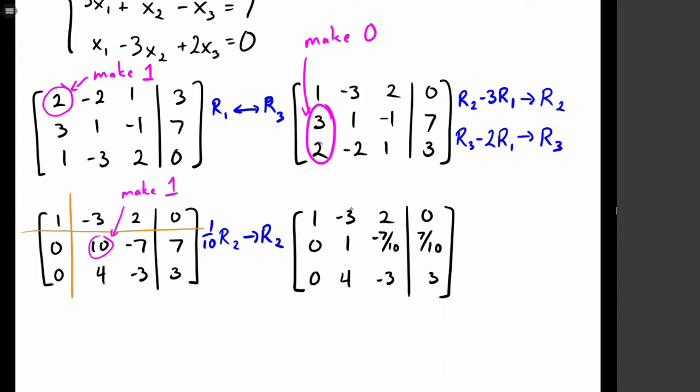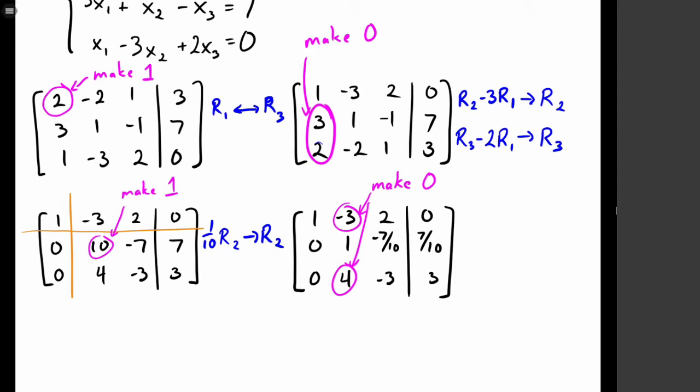Right? Now that means the next step is we want to make these 0. Because again, once we get our leading 1, everything else in the column has to be made into 0. So, how do we do that? Well, to get the zeros in that column, you always want to use your leading 1 to do it.